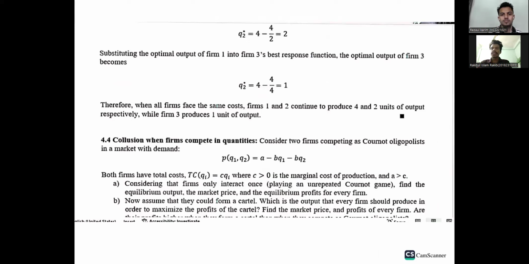Yes, q3 is equal to 1, you correctly said. Therefore, when all farms face the same cost, farms 1 and 2 continue to produce 4 and 2 units of output respectively, while farm 3 produces 1 unit of output.